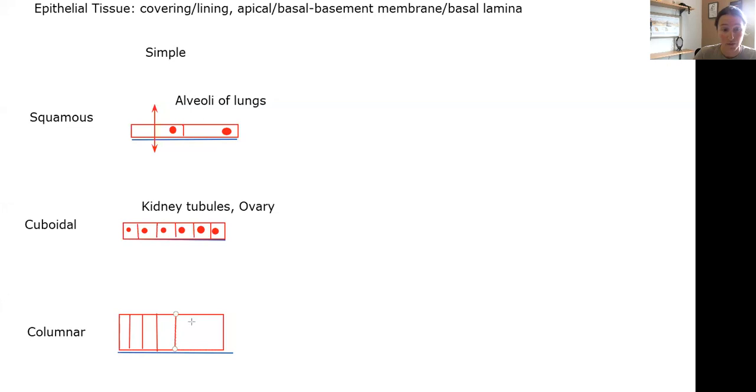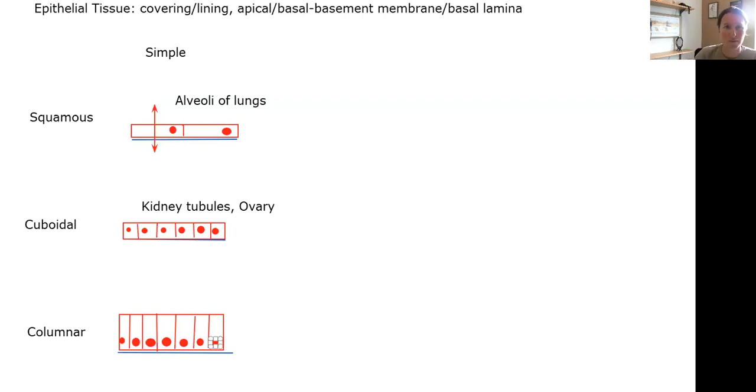And so we saw this when we looked at the stomach. Once again, sometimes it's really difficult to see the divisions between the cells, but you can always see the nuclei. And so, in simple columnar epithelial tissue, generally the nuclei are all in a nice little line, but we can also see that there's a lot more cytoplasm either on top or on bottom of this line of nuclei.